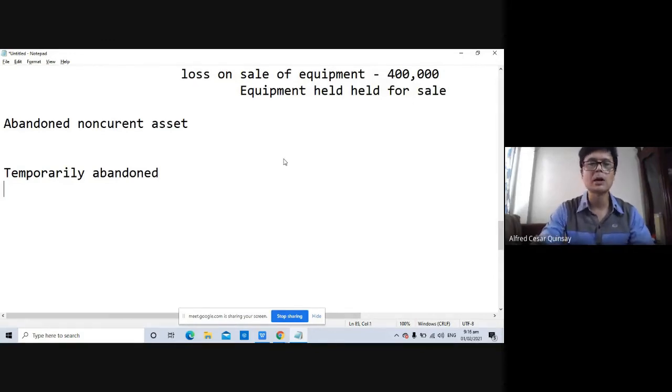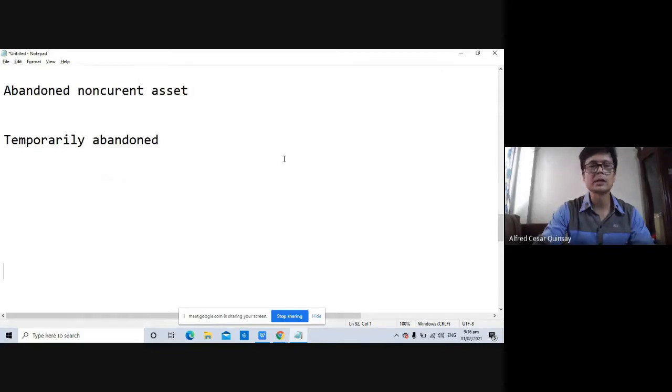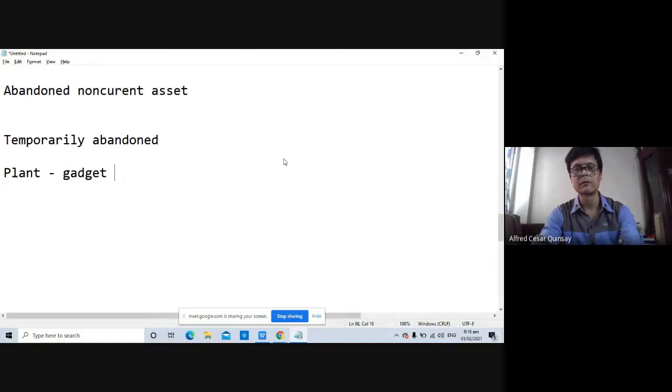So ganito 'yon, no. Halimbawa, meron silang factory or planta na gumagawa, let's say, ng gadget, let's say a cell phone. Palagay natin it's let's say a component or part of a computer.